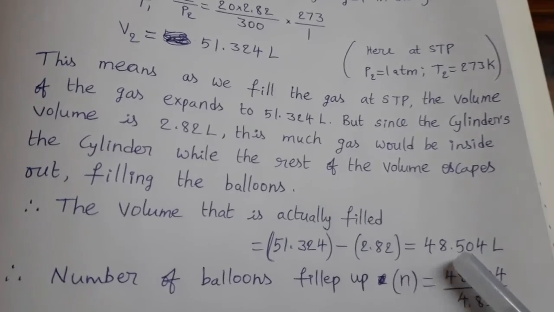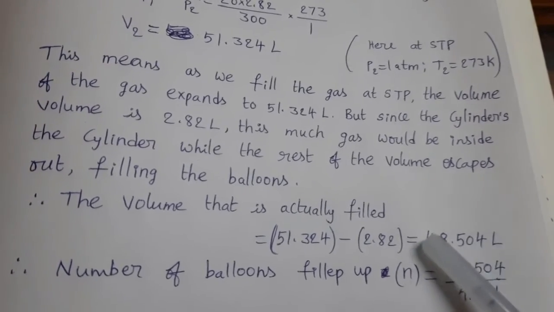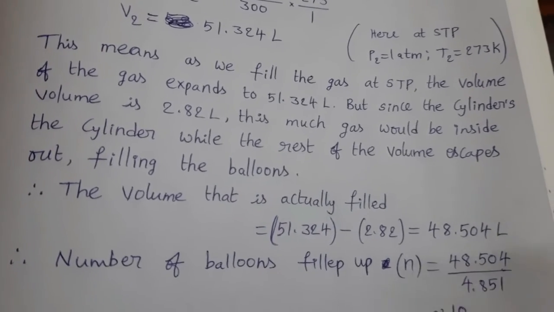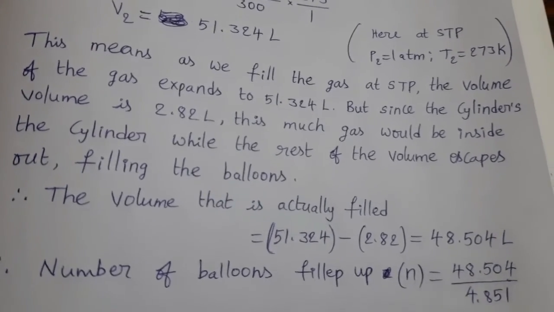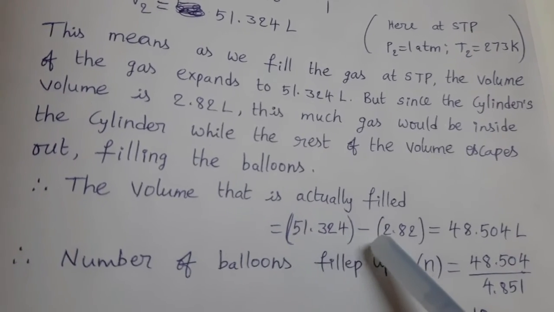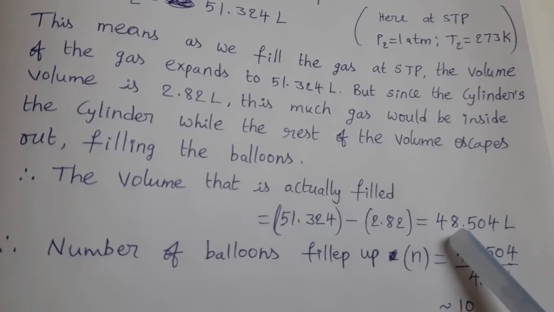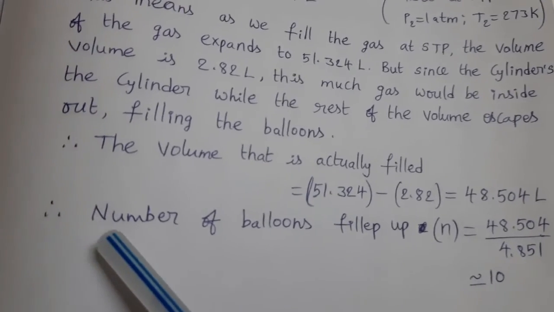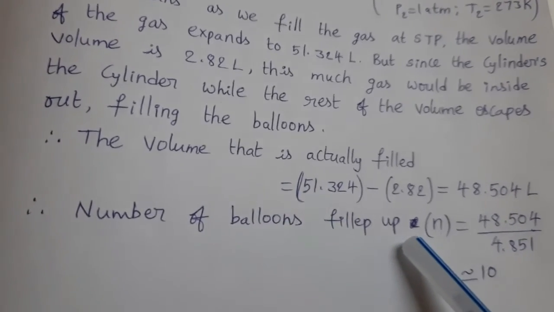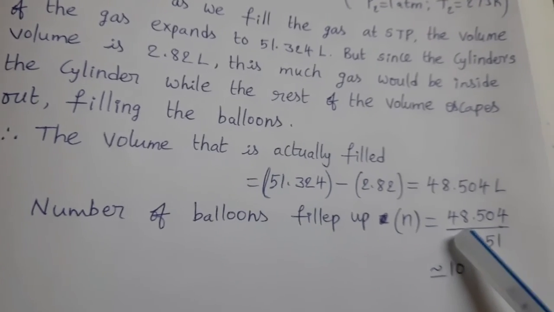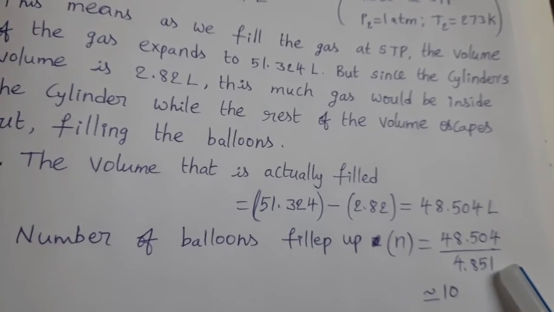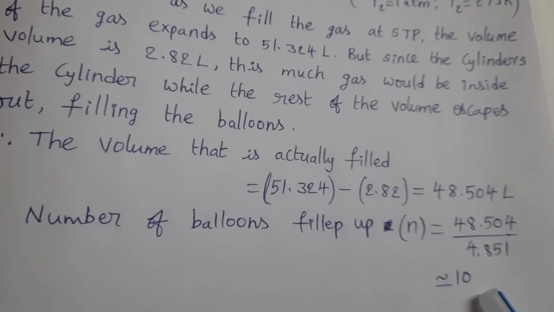Therefore, the volume that is actually filled, total volume of the gas is this one. Only this much volume of gas can be held by the cylinder. Then remaining volume is filled in the balloons. So 51.324 minus 2.82, that equal to 48.504 liters. Therefore number of balloons filled up, N, equal to this volume divided by one balloon volume, then we can get 10.